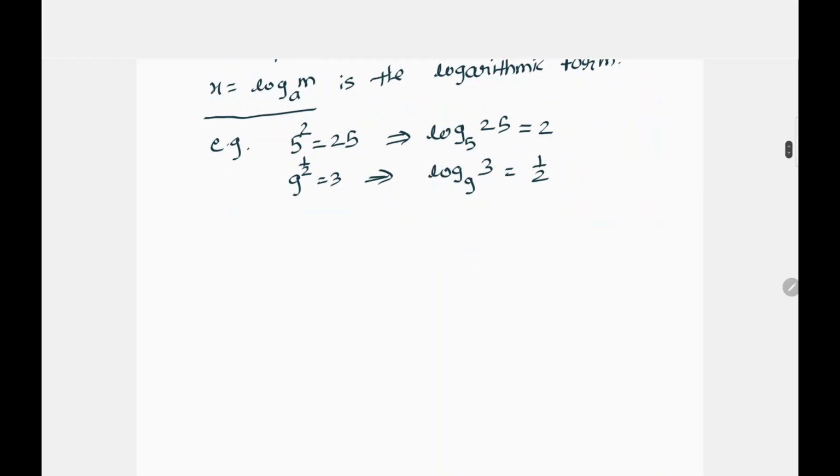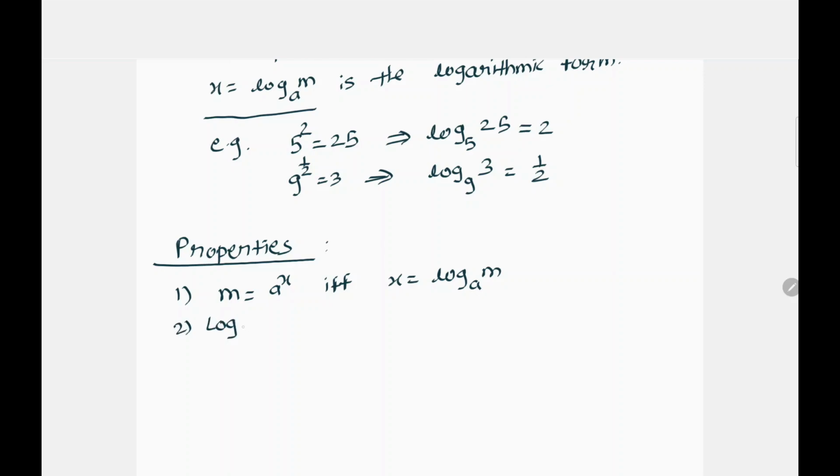Next, properties. First property, m is equal to a raised to x if and only if x is equal to log m to the base a. Second property, logarithms of negative numbers and 0 are not defined.